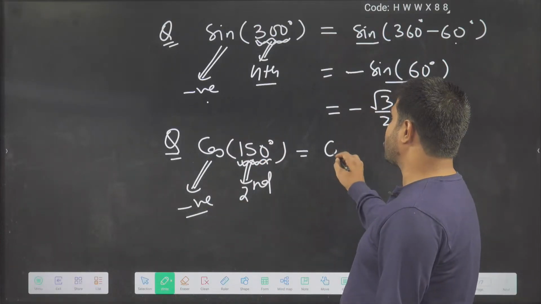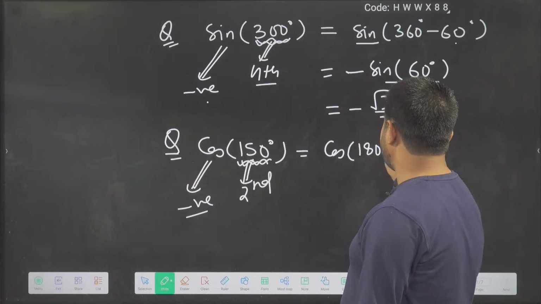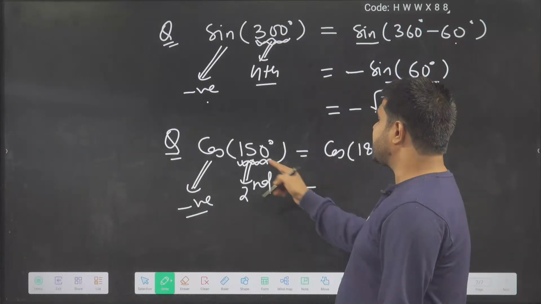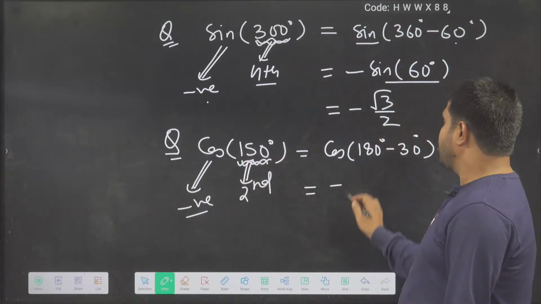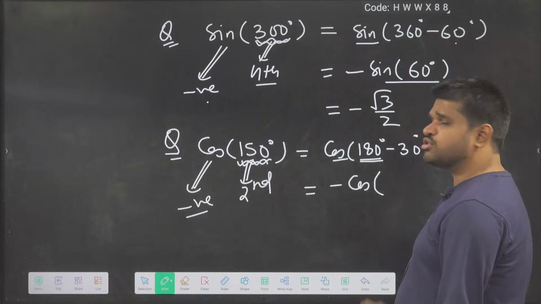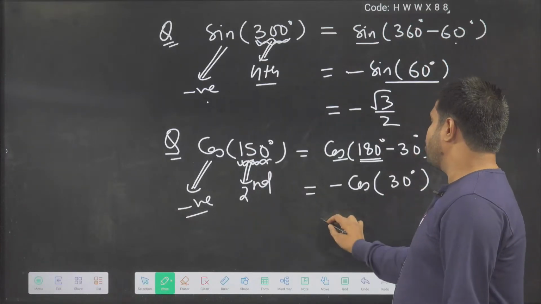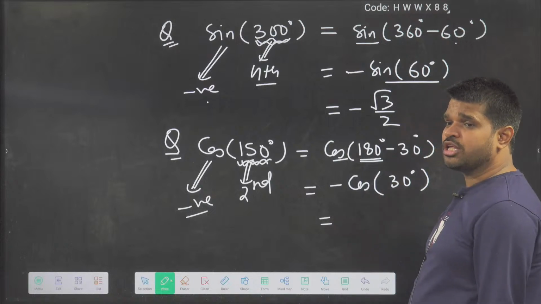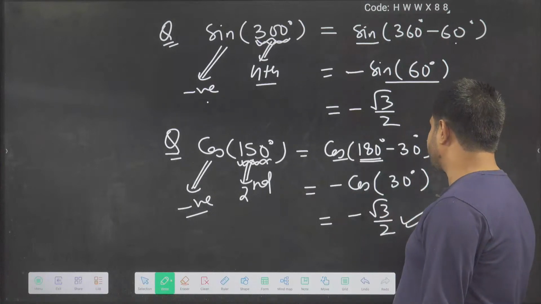So you can write cos 180 minus 30. The answer will be negative. You have used 180, so the ratio remains as it is. Cos. Paste this angle 30. What is cos 30? Root 3 by 2, but the minus sign is there. So minus root 3 by 2.